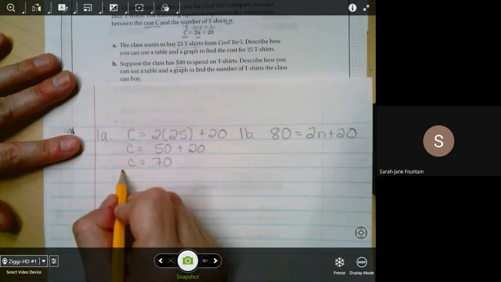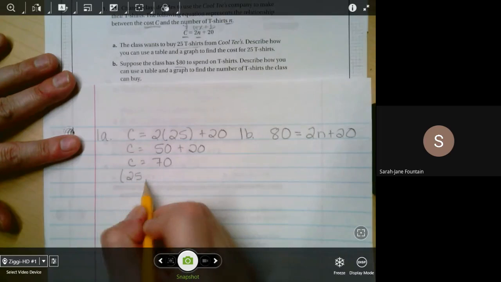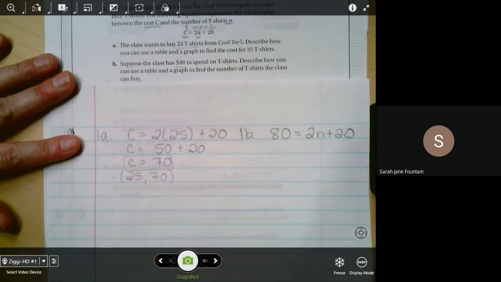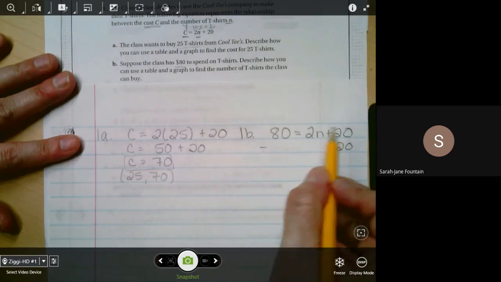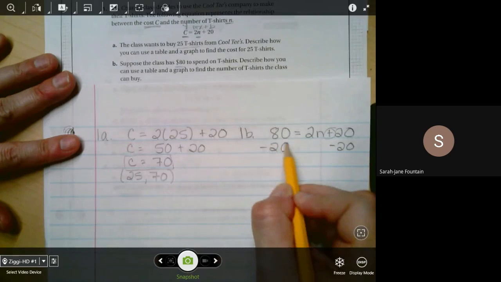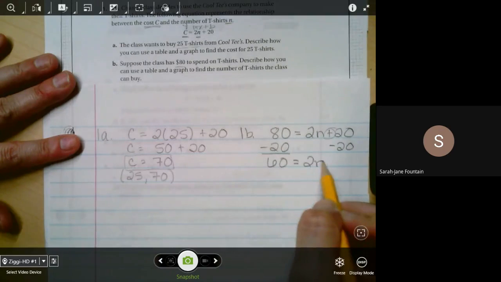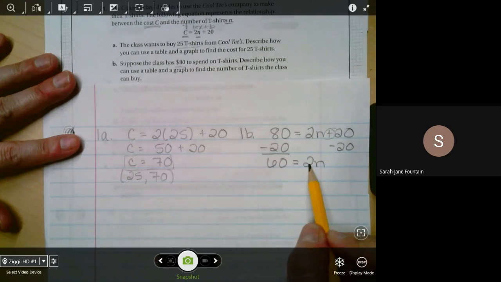Over here, my X is 25 and my Y is 70. So I'm going to subtract 20 because the inverse operation of addition is subtraction. Now to get N by itself, I'm going to have to divide because 2 is right now being multiplied by N. And if I want to get rid of something, I have to use the inverse operation.